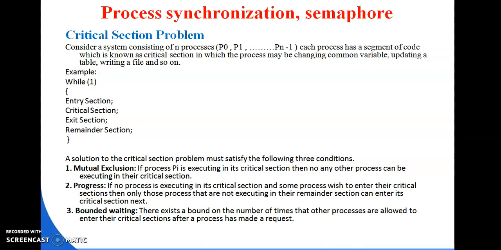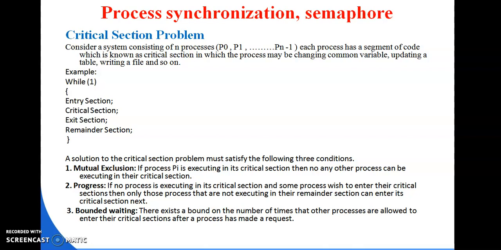Next is bounded waiting. There exists a bound on the number of times that other processes are allowed to enter their critical section after a process has made a request to enter its critical section and before that request is granted. That means bounded waiting means what? Suppose there are five processes, P1, P2, P3, P4, P5.